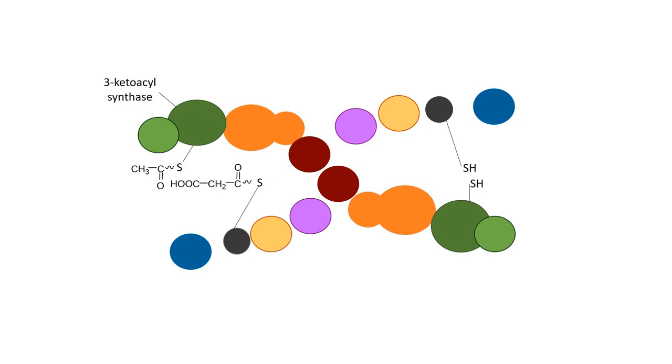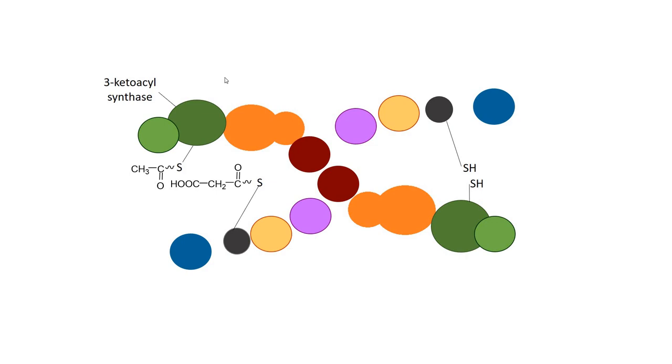After that, the reaction will be continued on another part of the dimer. Under ketoacyl synthase action, the residue of acetic acid will be transferred to the alpha position in the malonic acid residue.